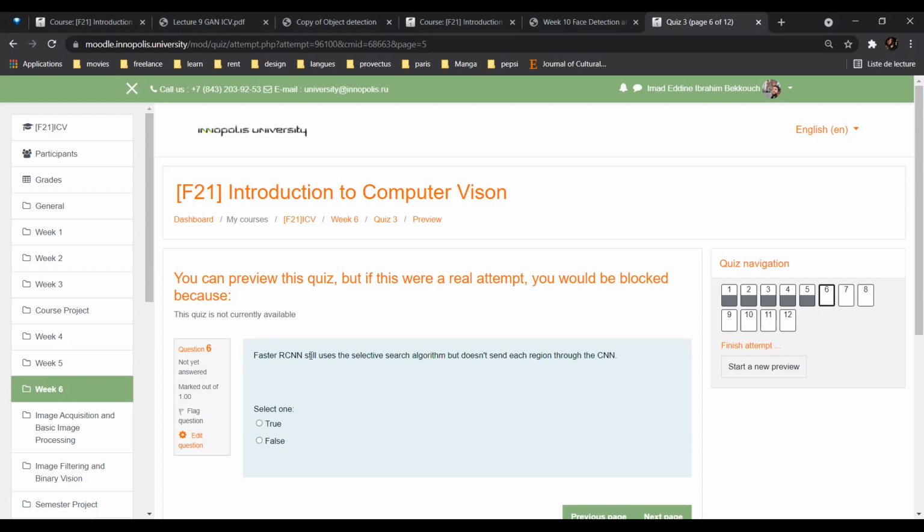Faster RCNN still uses the selective search algorithm, but doesn't send each region through the CNN. This is a very easy question to make sure that you can differentiate between fast RCNN and faster RCNN. So is this correct or false?